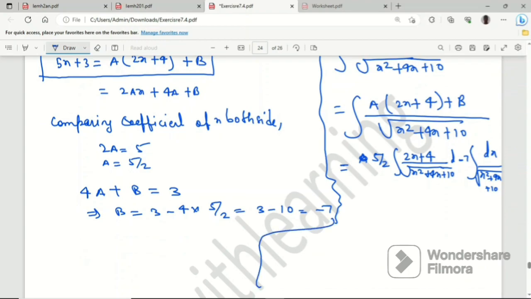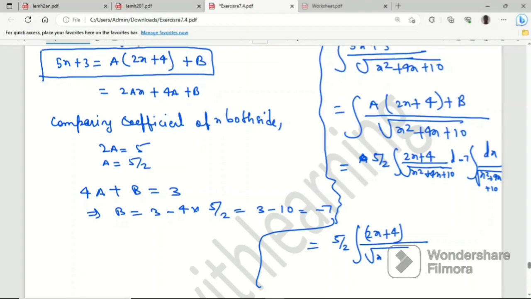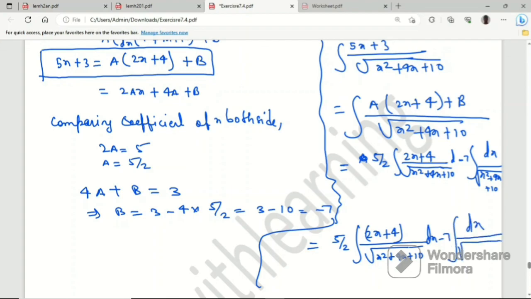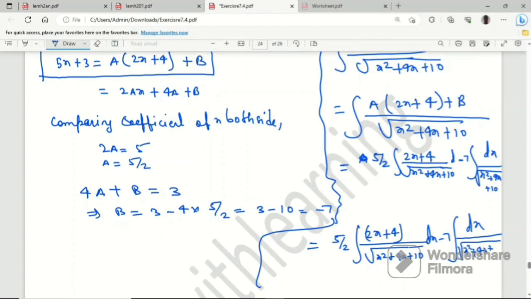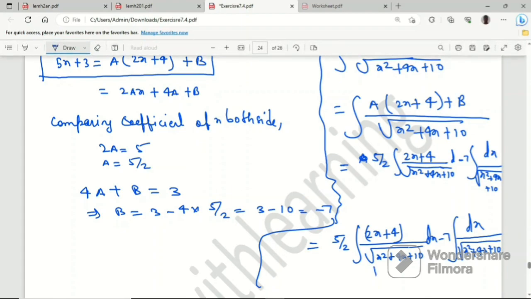So we have 5 upon 2 integration (2x plus 4) by under root (x square plus 4x plus 10) dx minus 7 dx by under root (x square plus 4x plus 10). So this is the first part, this is the second part.